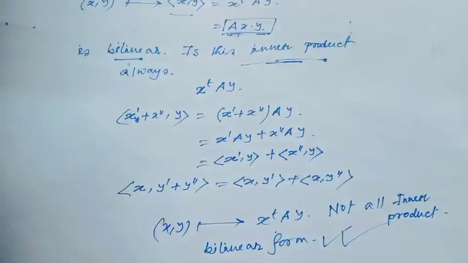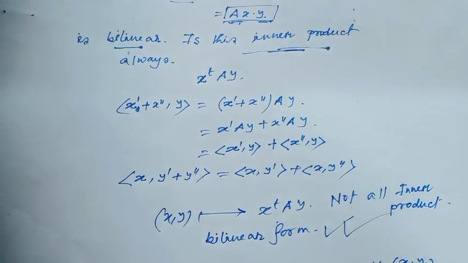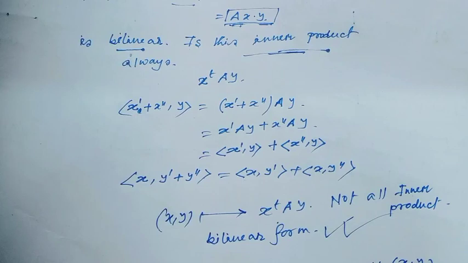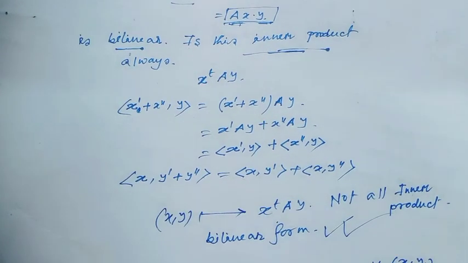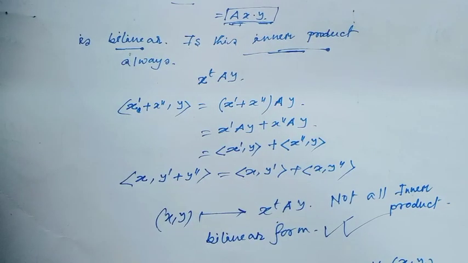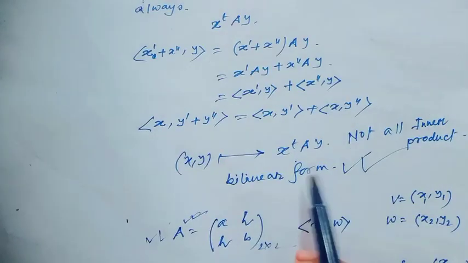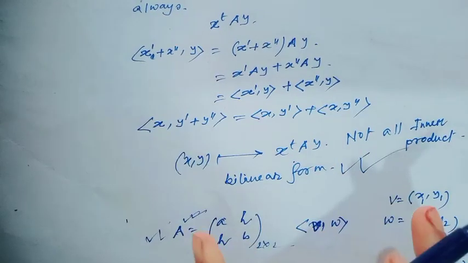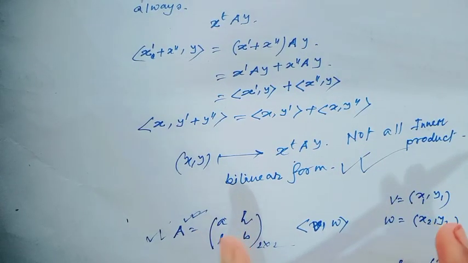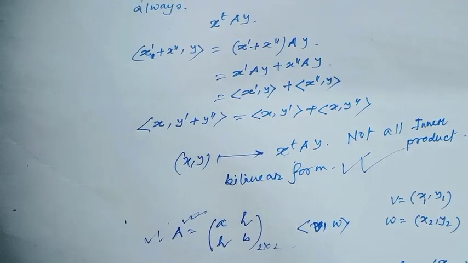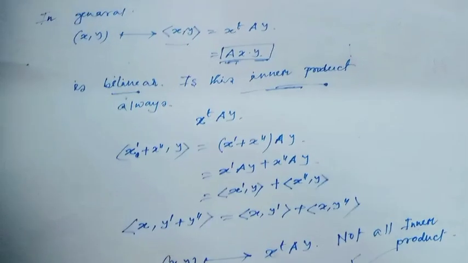I hope my all viewers have understood this geometry in a better way now. In my previous video, I discussed the definition of positive definite matrix, positive semi-definite matrix, negative definite, negative semi-definite, indefinite matrix. But when a quadratic form is an inner product, when this is the positive definite matrix, I hope my all viewers have understood this concept easily.